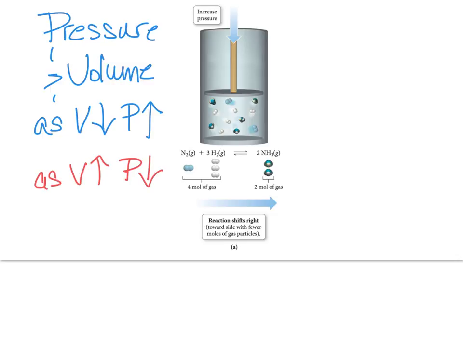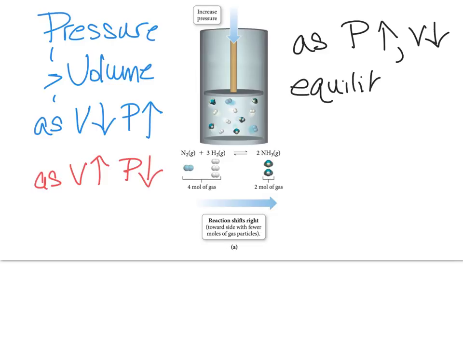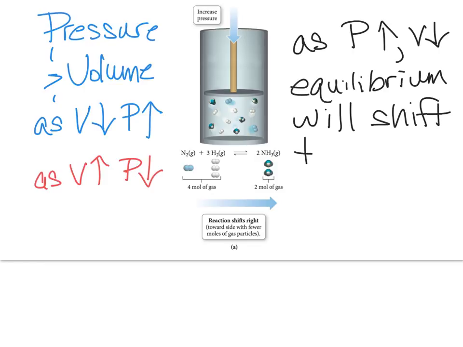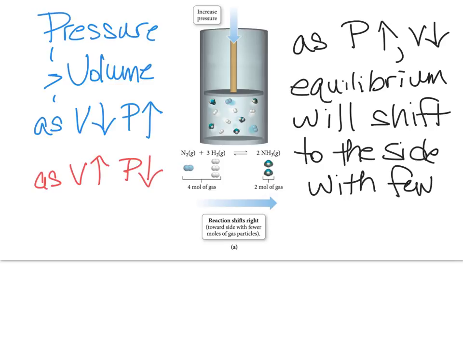So, related to the pressure and volume of gases, Le Chatelier's principle also includes that as pressure goes up or volume goes down, equilibrium will shift to the side with fewer moles of gas.